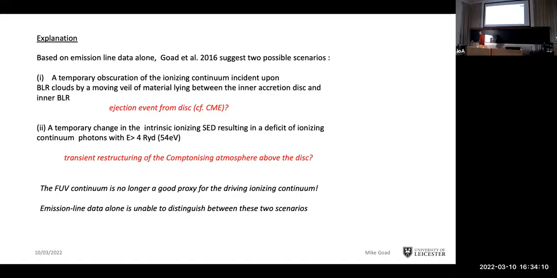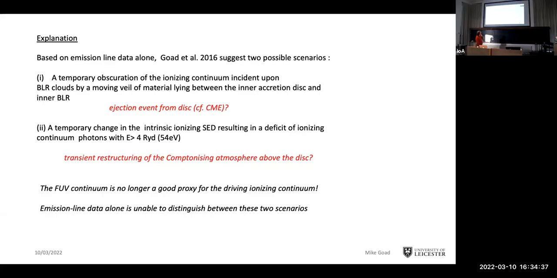We at the time posited 2 solutions to this problem. We couldn't distinguish the 2, didn't have enough information. Whatever is happening to the driving continuum, the SED must change so that there's a larger deficit in EUV photons beyond 4 Rydbergs, so lines like helium-2 are sensitive to the continuum around that point, than at 1 Rydberg.